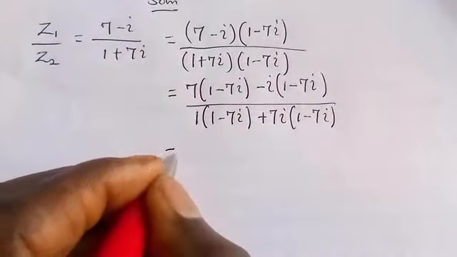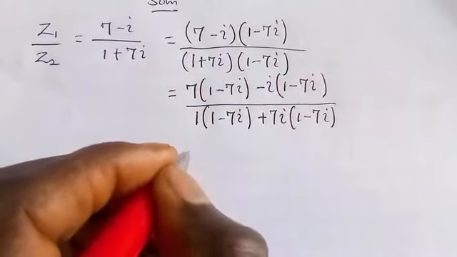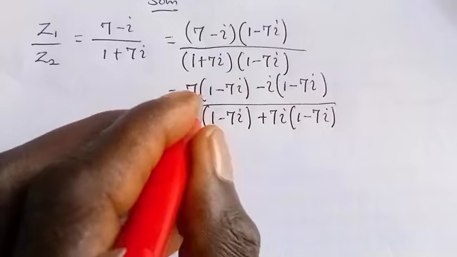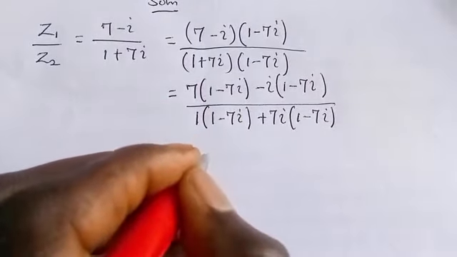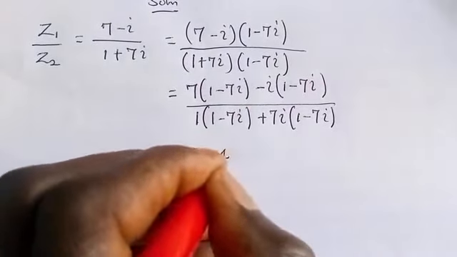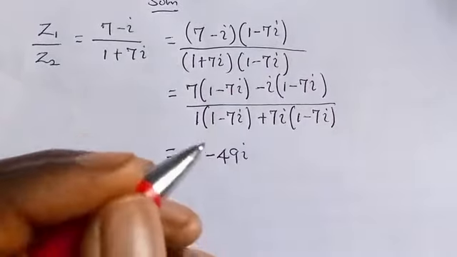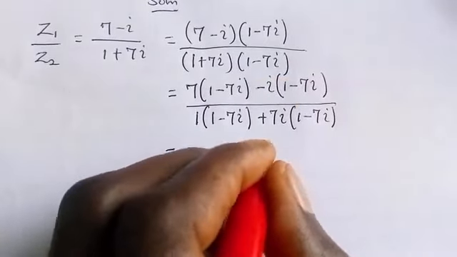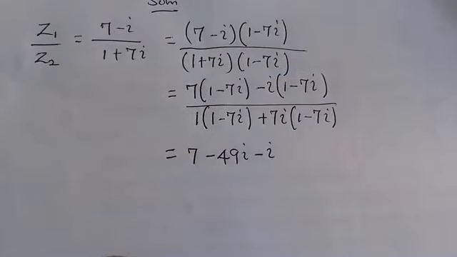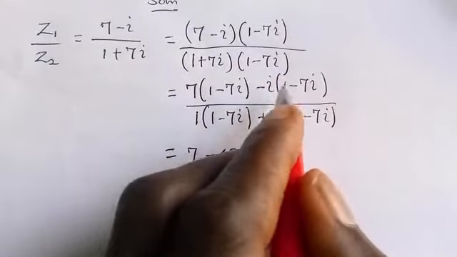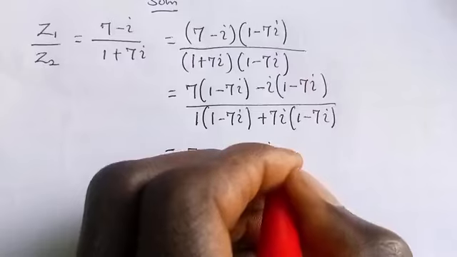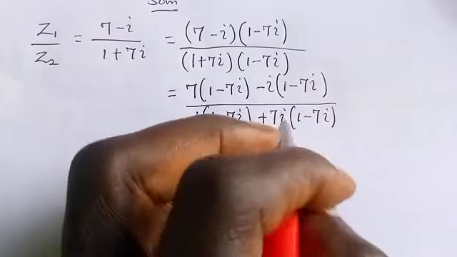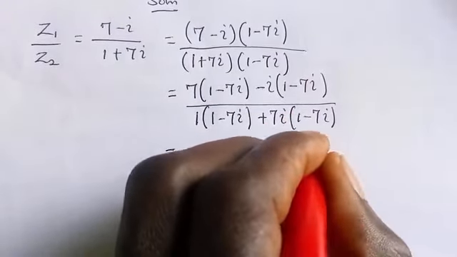This is equal to 7 times 1 is 7. 7 times minus 7i, we have minus 49i. Minus i times 1 is minus i. Right? Minus times minus, we have plus. i times 7i, we have 7i squared.